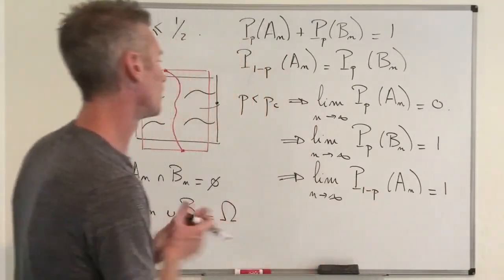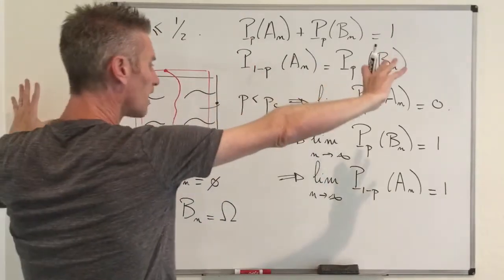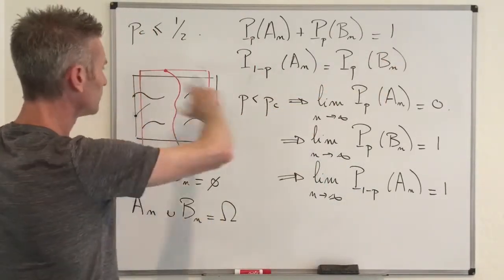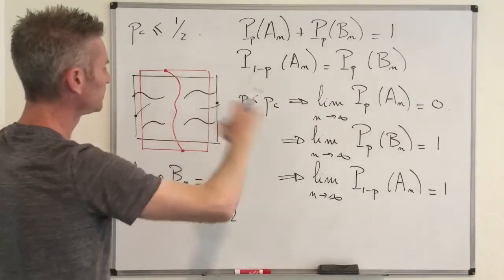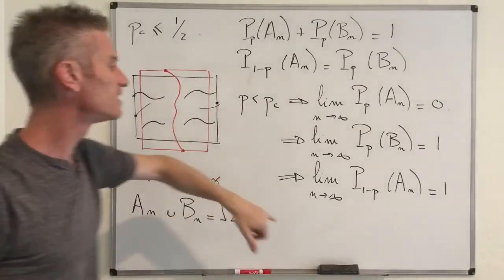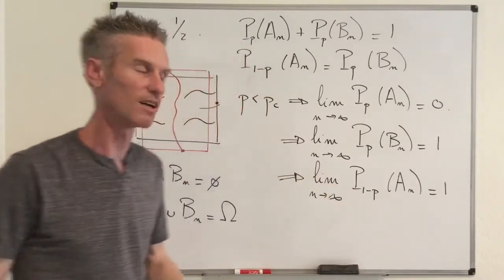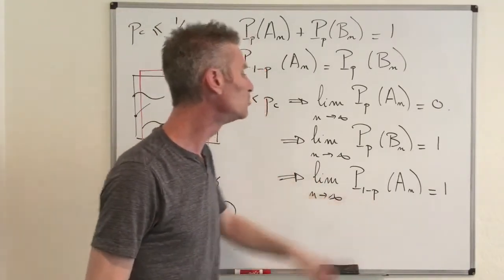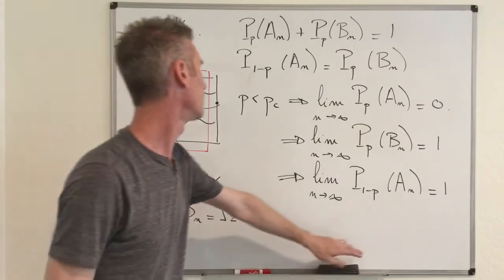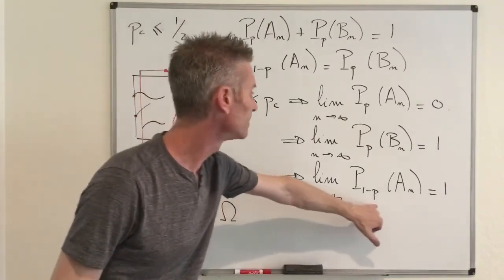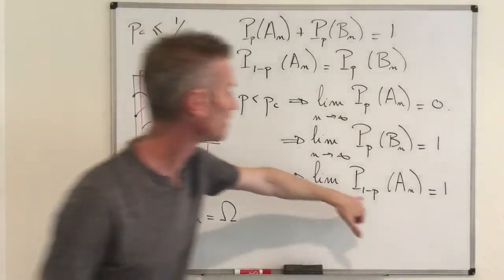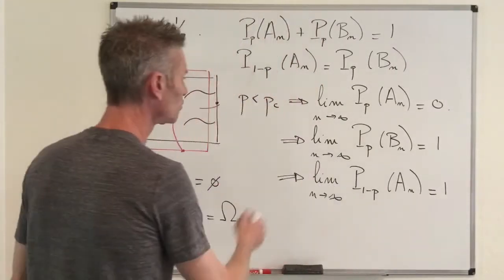So if indeed n is very, very large, and you can connect left and right, that means that this parameter, this 1 minus p, which is the density of open edges, should be larger than or equal to pc.